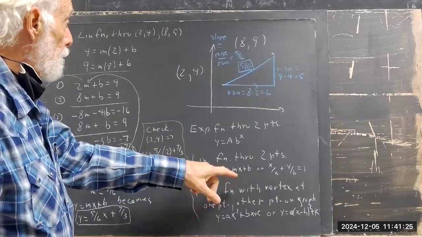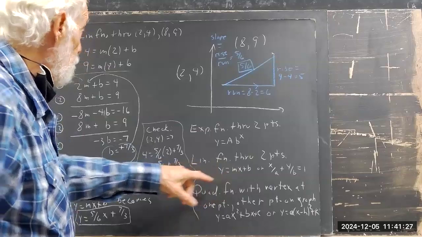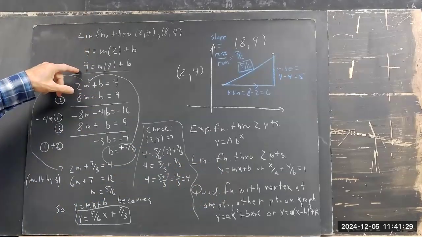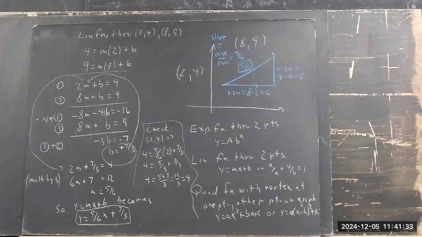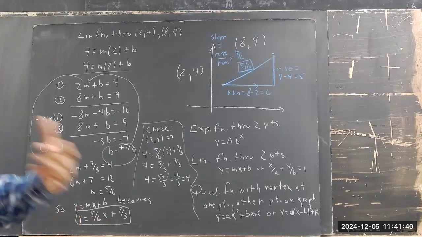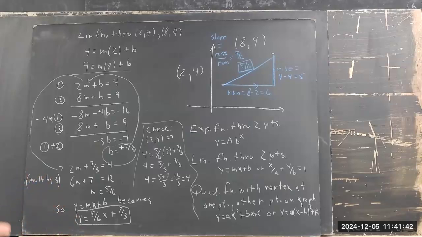We substituted 8 for x, 9 for y, and we got this equation. And then we went ahead and used elimination to solve this equation. So we illustrated the process of elimination. That's a process people seem to be doing really well with, so I'm not going to say too much more about elimination.